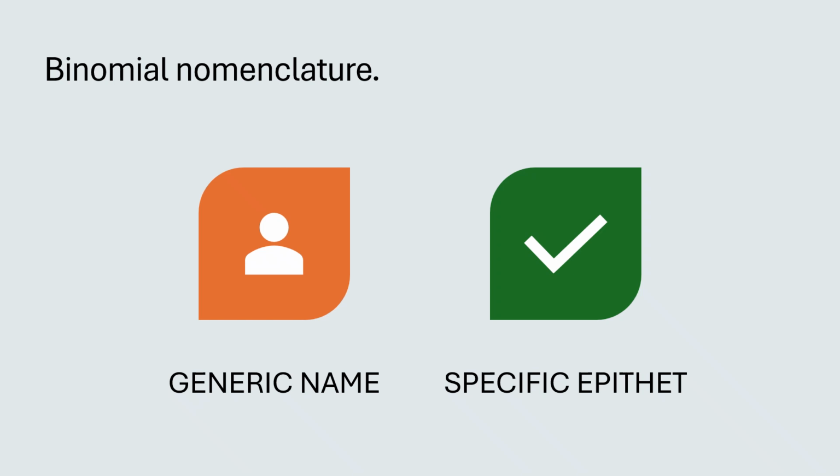Each name has two components, the generic name and the specific epithet. The generic name is also called genus. The specific epithet is also called species. So it has two components. That's why it is called binomial nomenclature.